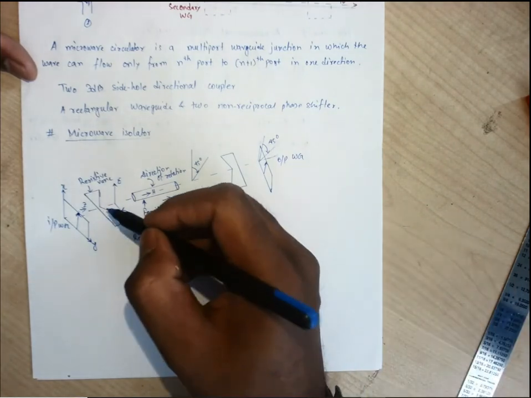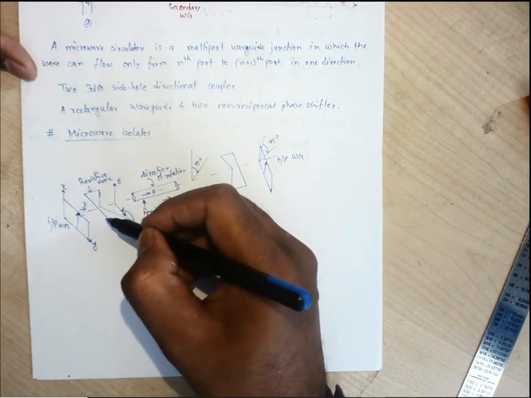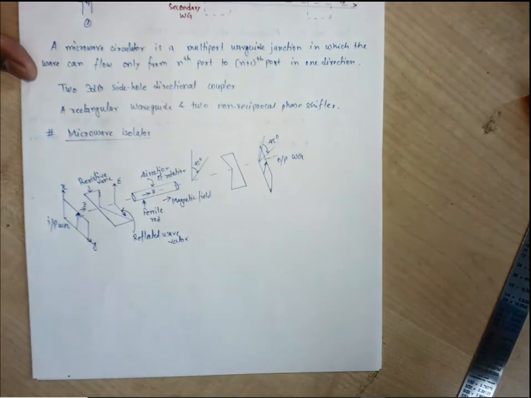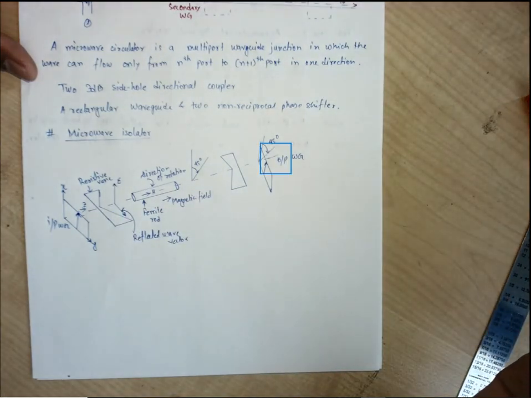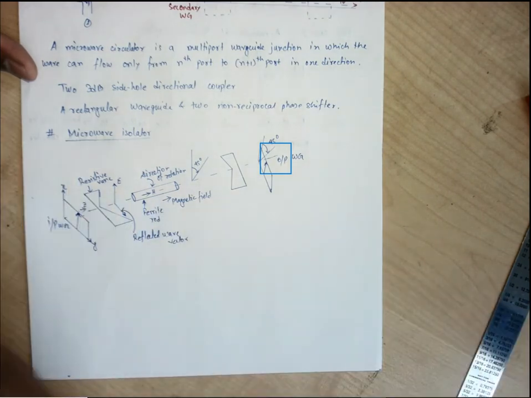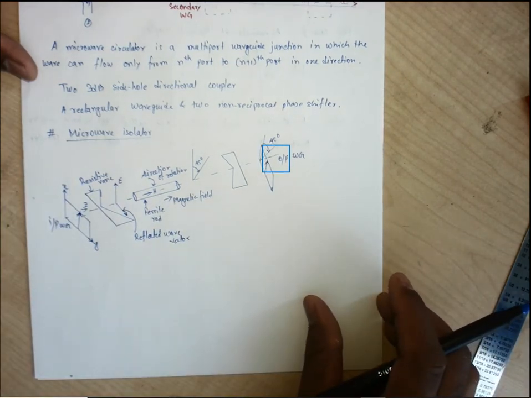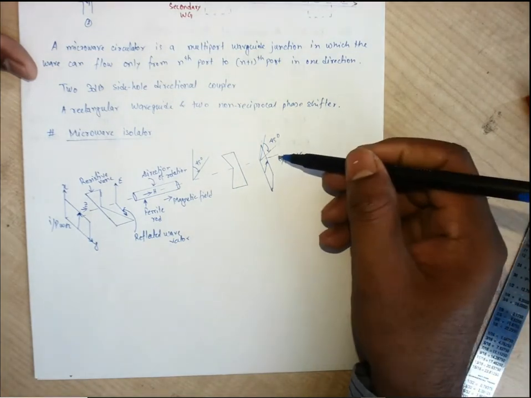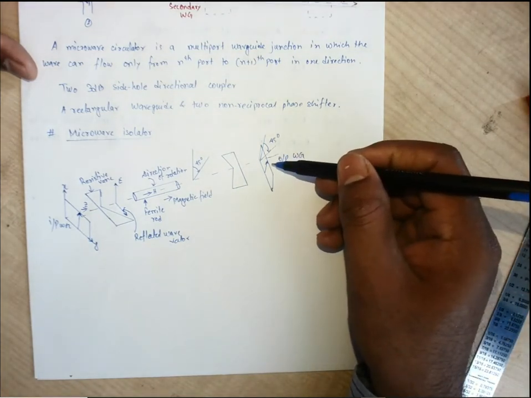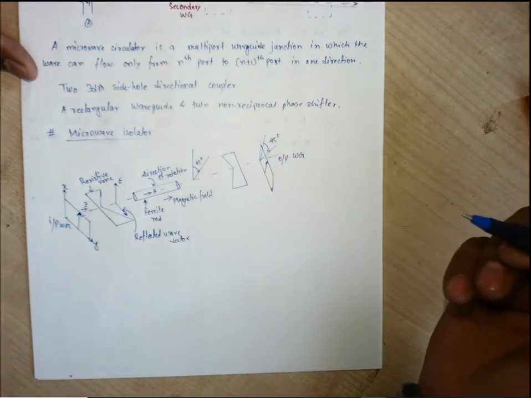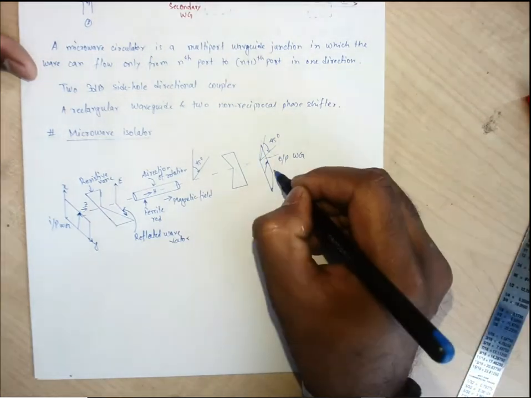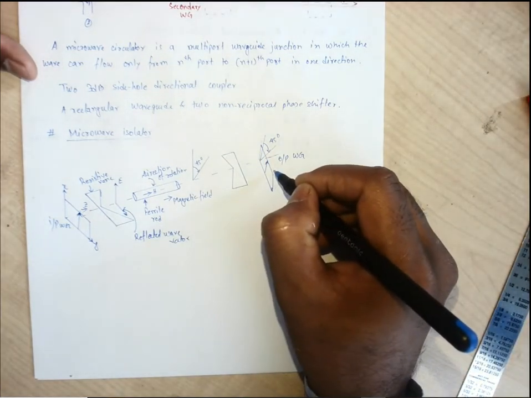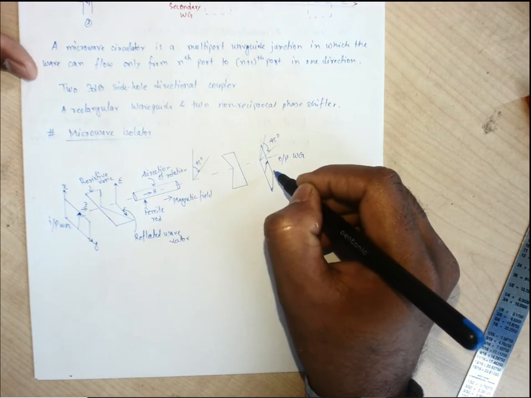So obviously at this resistive vane, that wave will be parallel, so the resistive vane will absorb that signal and nothing will be output at this left hand side. The wave in this output waveguide, at the starting point, will have a phase shift of 45 degrees.